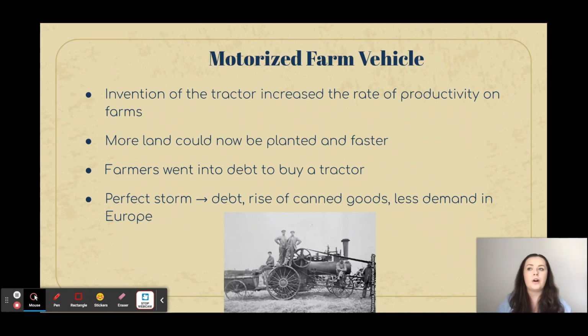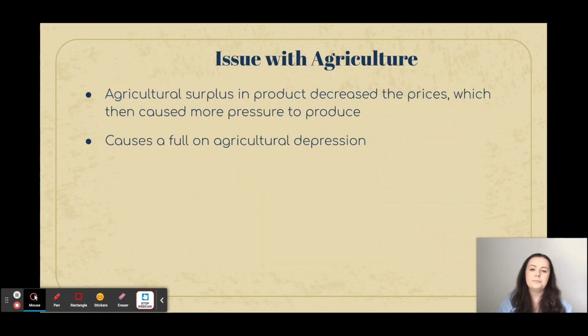And farmers went into debt to buy the tractors. So you kind of have this perfect storm brewing, where farmers are going into debt. You have less people buying fresh produce, so you have canned goods, and then less demand in Europe because of the war and the reduced population there.